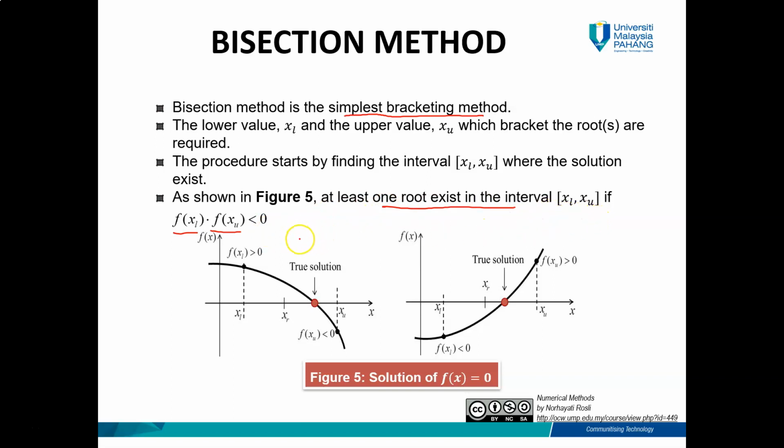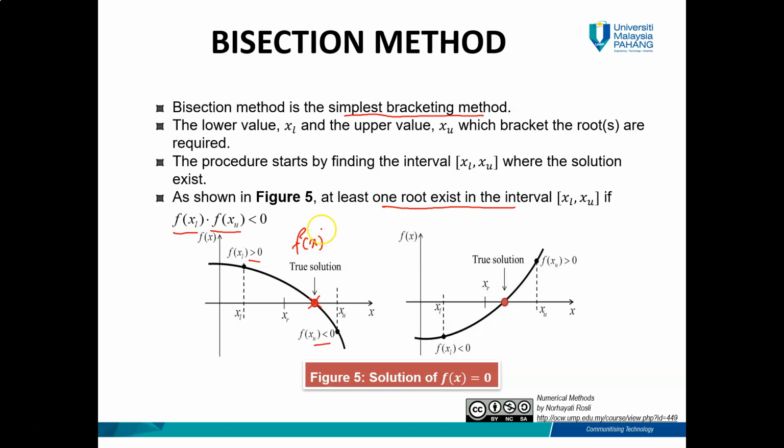Why does this happen? As mentioned previously, if, for example, here is a positive function, and then here is a negative function, when you plot this graph, of course, there is one point that will cross the x-axis.